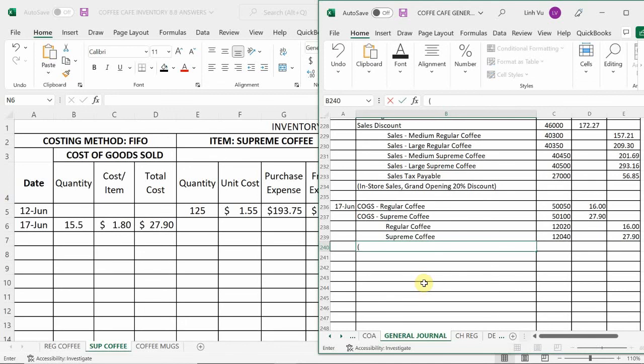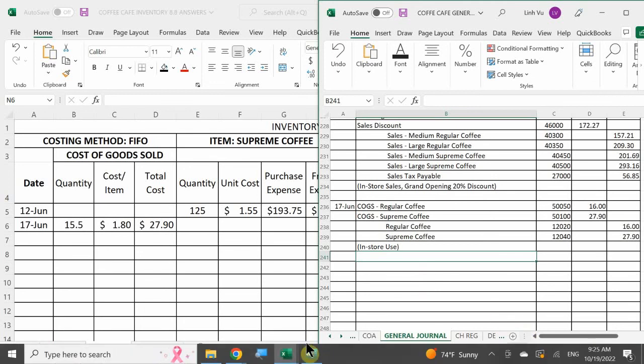In-store use. Good, because we used it in the store. So now that I finished my journal, where do I need to go next? We're going to go to my cost of goods sold.